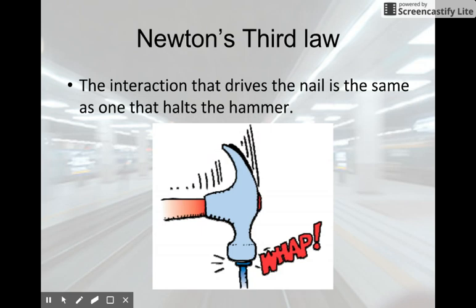Or if we're hitting a hammer, there's an interaction that drives the nail into the board, but the nail also pushes backwards on the hammer and causes it to stop. So there's an interaction between two forces: the force of the nail on the hammer, and the hammer on the nail.